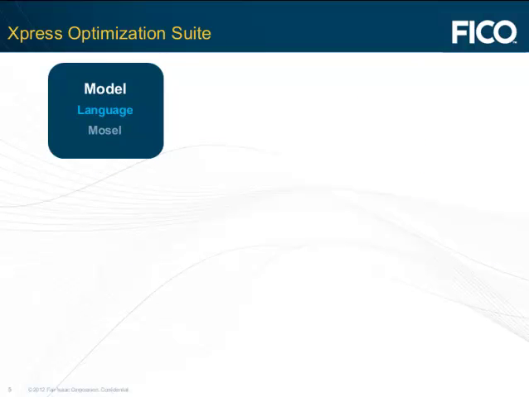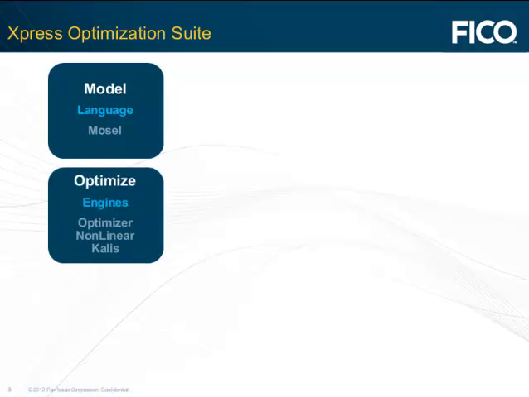So what is Express? When you have data and you want to start modeling your optimization problem, you need to do this in a certain way, and we propose a way to model your problem using a scripting language, and that's called Mosel for Express. Once you've done that, your model can load the data, and the next step is that you need to optimize this problem.